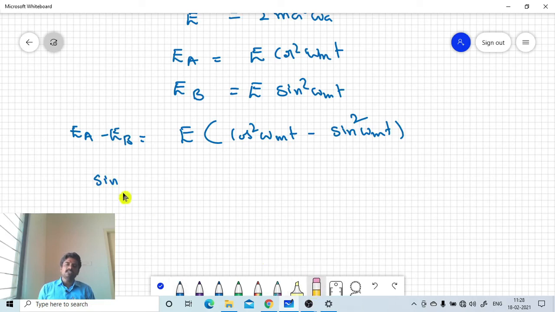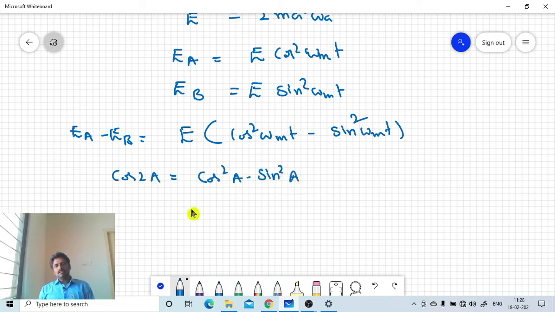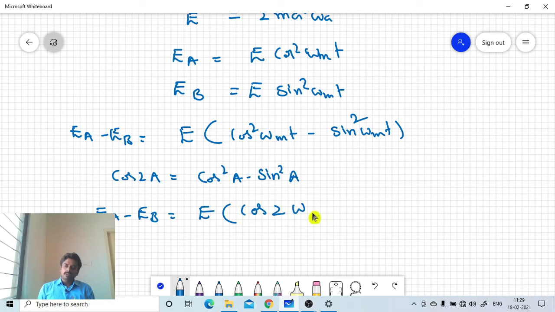What do the trigonometric formulas mean? The formula is cos 2a is equal to cos square a minus sin square a. This is the trigonometric formula we have. Here omega m into t is the a, so we can easily write Ea minus Eb is equal to E into cos 2a, that is cos 2 into omega m into t.